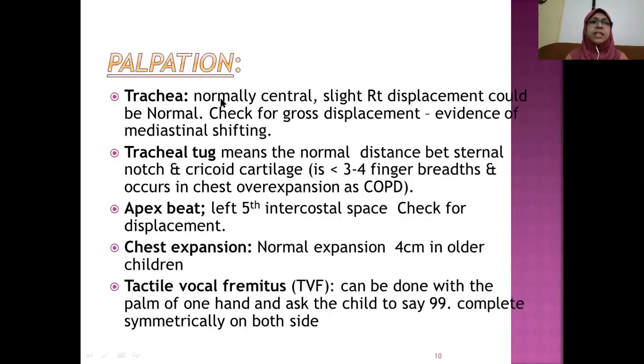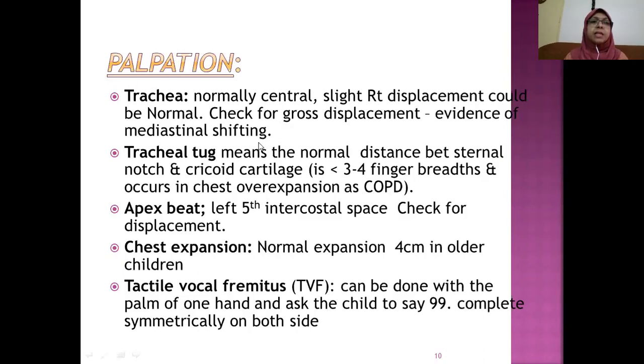You have to look for the trachea, normally central. Slight right displacement could be normal. Check for gross displacement, which is the evidence of mediastinal shifting. Mediastinal shifting can occur in pneumothorax, in pleural effusion to the opposite side, and in collapse consolidation, which we will discuss disease-wise, and I think it has already been discussed in your lecture classes.